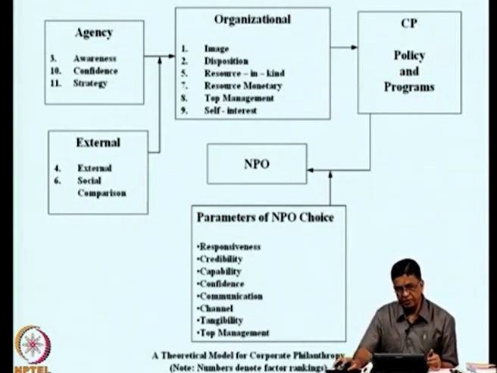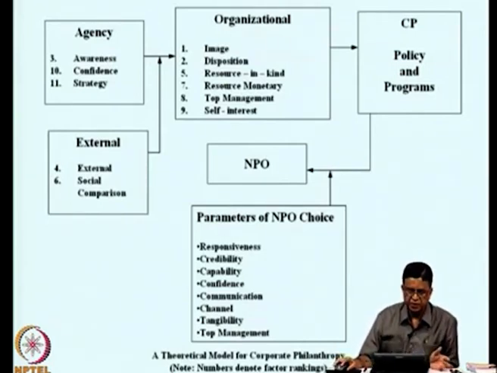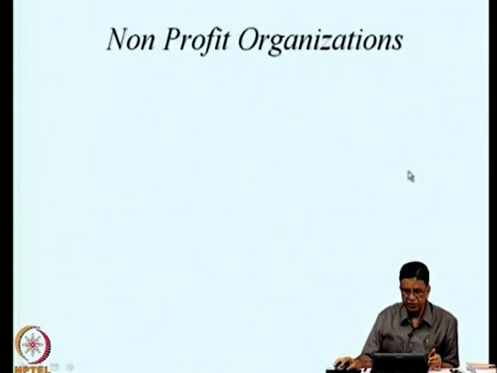So what do the donors look for in the agencies, and how should the agencies themselves look inside and outside when they take up these types of programs? All this was explained to you.